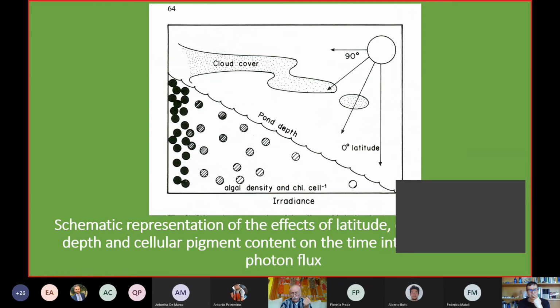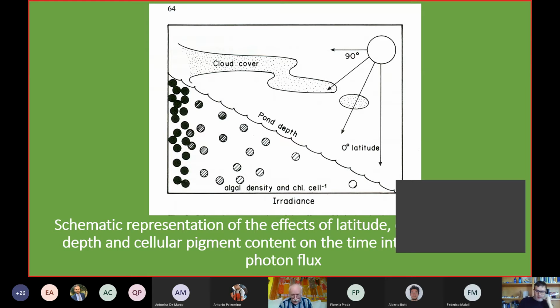Now, when you start making algal ponds in the sea or in fresh water or whatever, you can play, because first of all, you can choose the latitude on the planet, if you have more light or less light. Also the depth of the culture.